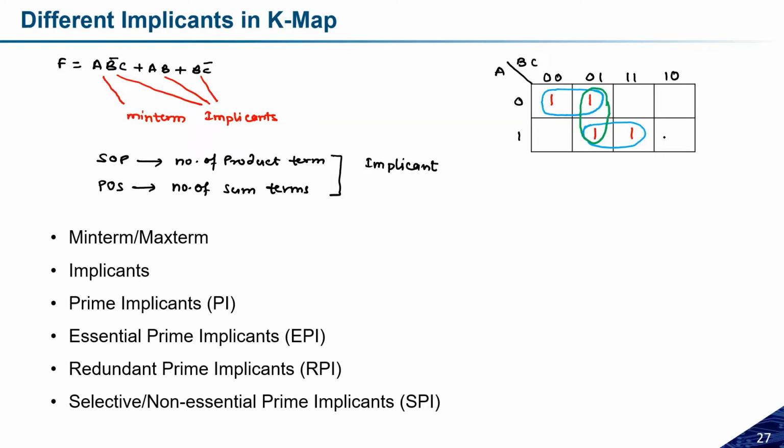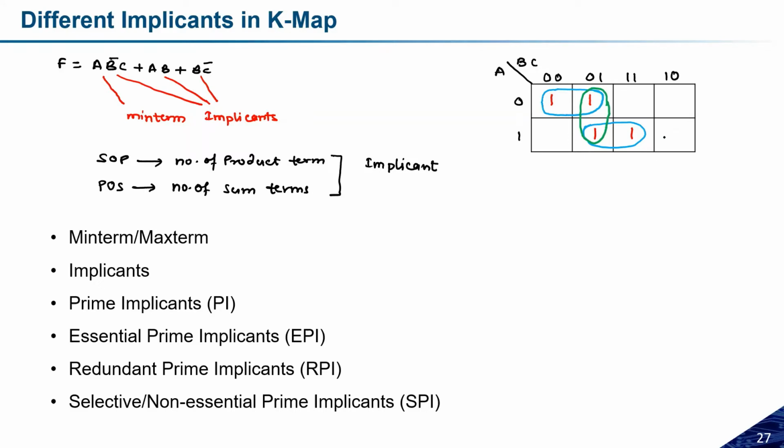Like this green one is not required, but still we can make the pair. This pair is also possible. So we need to find the possible pairs, but all the implicants are already covered, so we call them the redundant prime implicant.